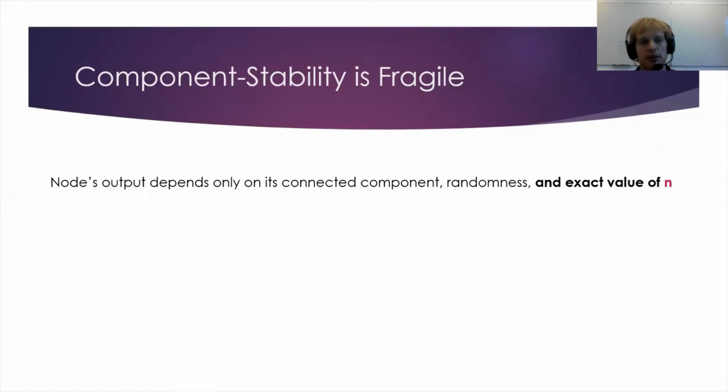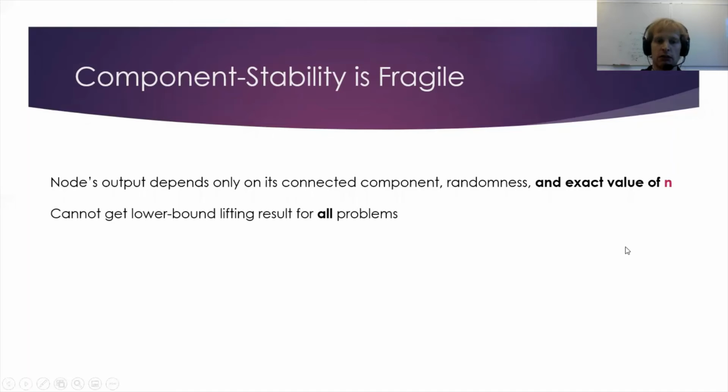And this causes some problems for the framework of GKU. In fact, we show that it should cause some problems, because you can't hope to get a result of the kind I just showed you, the theorem I showed you, using a definition of component stability that allows dependency on n and thereby actually includes most MPC algorithms.